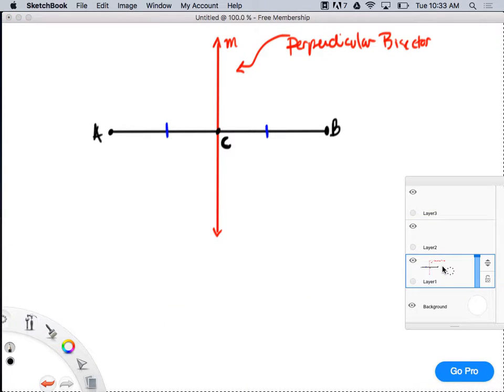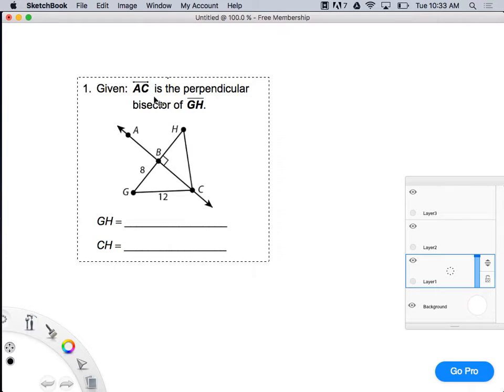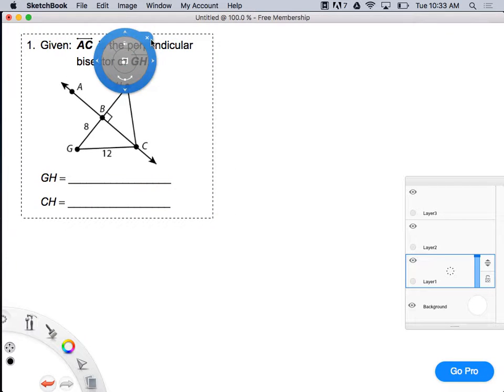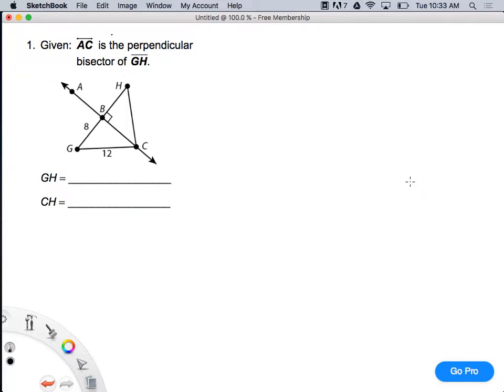You don't have it. I'm going to put it up on the screen. You're just doing number 1 right now. So take a look. You don't actually have this in your book, so you can just do it on scrap paper or whatever you need to do. Given AC is the perpendicular bisector of GH, solve for GH and CH.